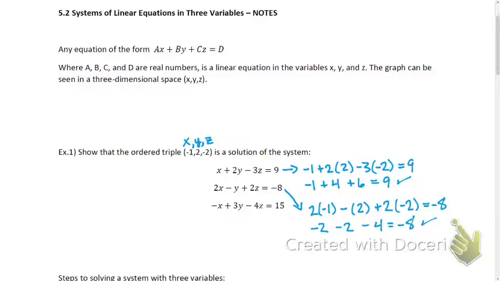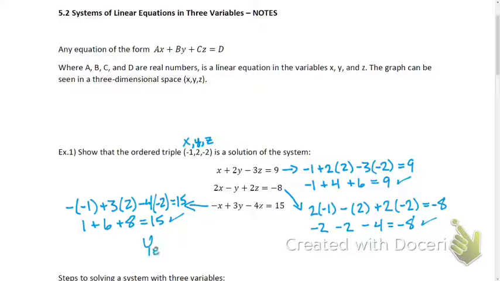Let's check the third equation. And those all add to 15. So yes, it is a solution.